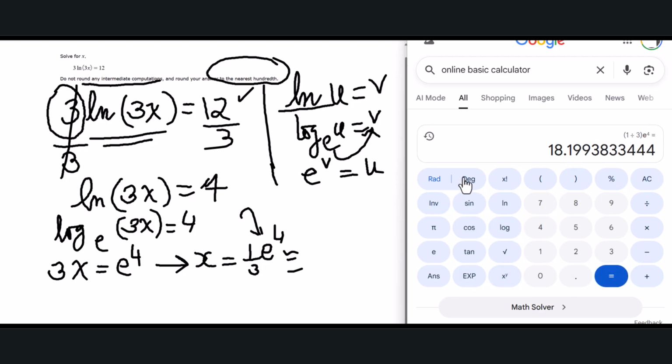And that turns out, to the nearest hundredth, to be 18.20. So we will get our answer simply as 18.2.